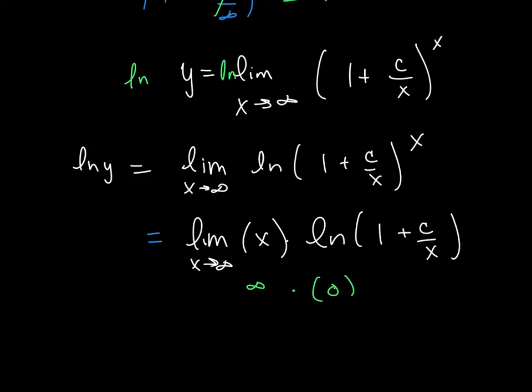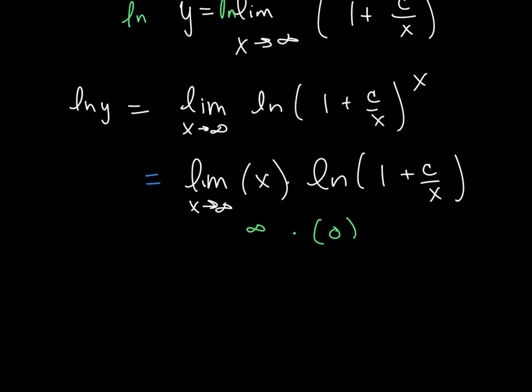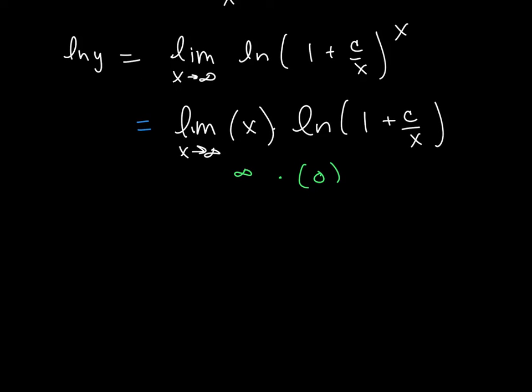So what we're going to do with this x is change it. Let's just write this out. This is the limit as x goes to infinity, and I'm going to make that x to the negative 1 to the negative 1. And what that's going to allow me to do is put that in the denominator. So that's times the natural log of 1 plus some constant over x.